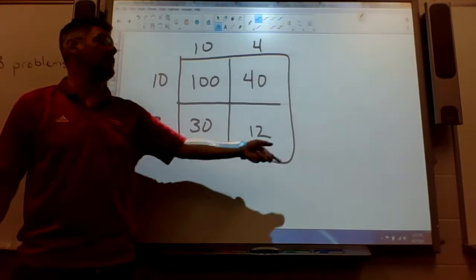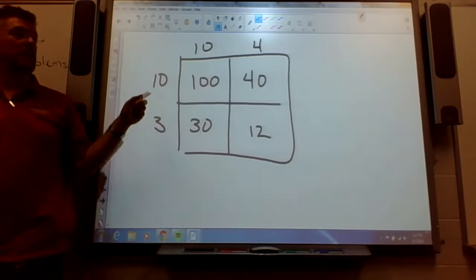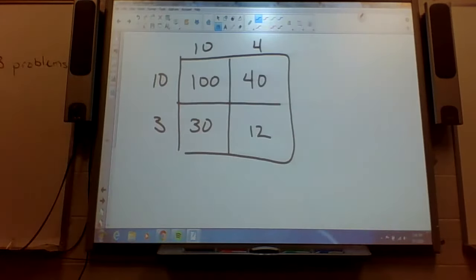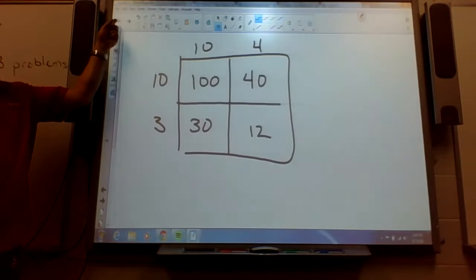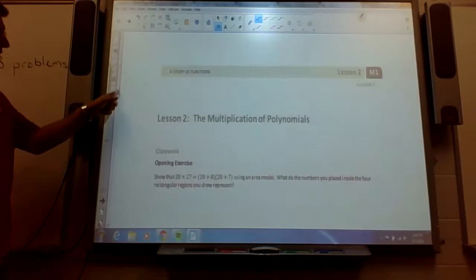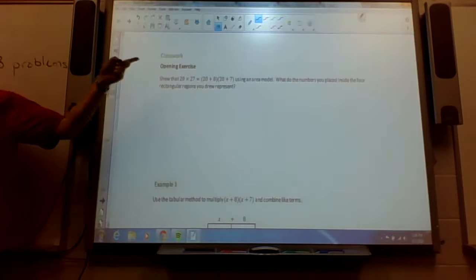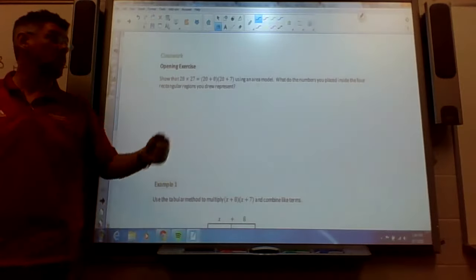What's the area of this big box? 182. It's the sum of all the smaller areas, right? That's what they did here at the beginning with 28 times 27.